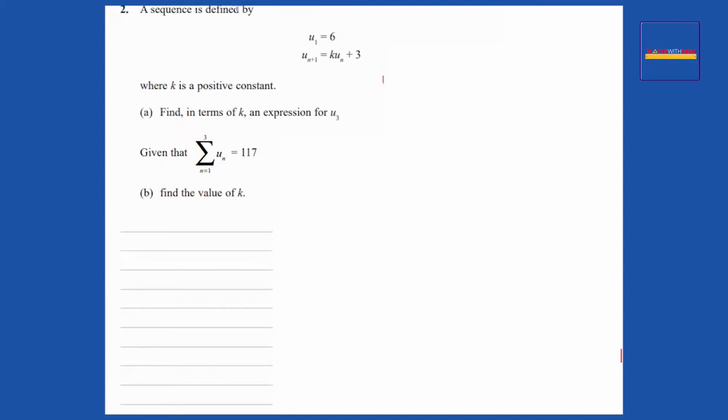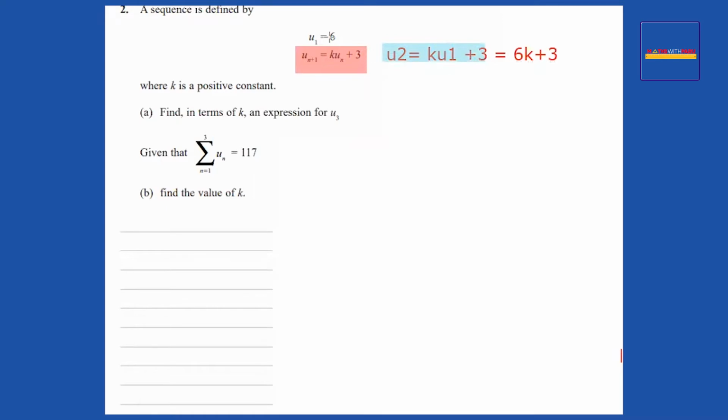So supposing we let n is equal to 1, then we are going to end up with u2 is equal to, we substitute n equals 1 in this equation, that is u(n+1) equals k·u(n) plus 3, and so we end up with u2 is equal to k times u1 plus 3.